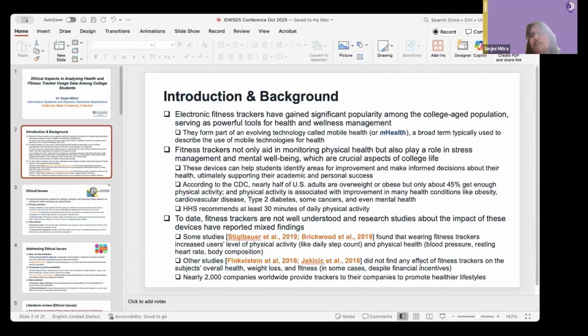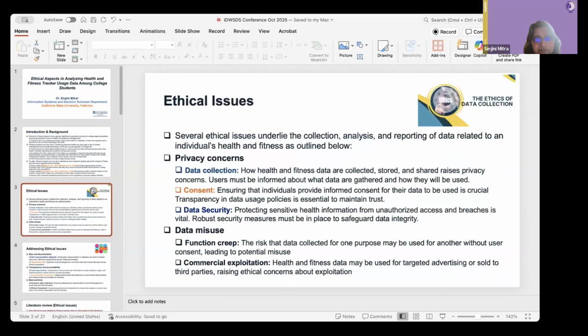In some cases, financial incentives are also provided, but sometimes they help, sometimes they don't. And there are a lot of company-based programs as well. A lot of organizations and companies have started providing these trackers to their employees to promote healthier lifestyles and overall well-being.